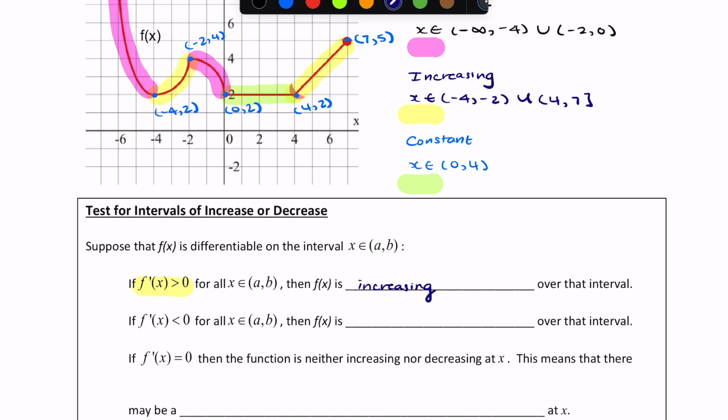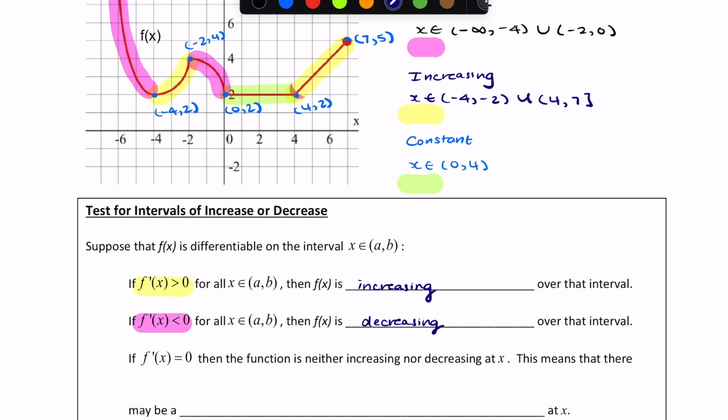If f prime of x is less than 0 for all x values in the interval (a, b), then f of x is decreasing over that interval.